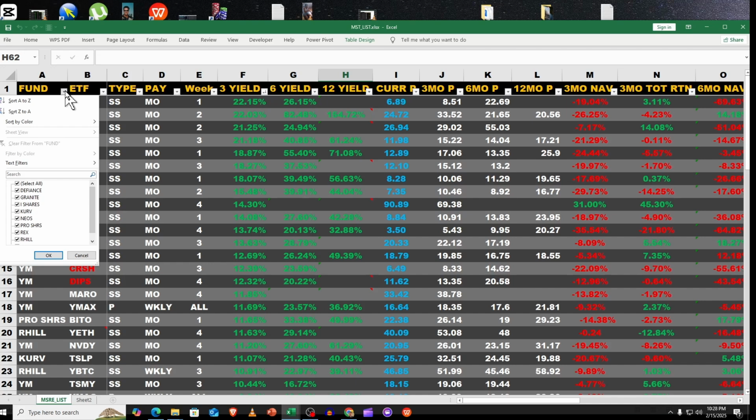Curve, you guys know that I always think in certain situations, Curve does a better job. Neos, ProShares, especially when you get into some of the Ethereum and Bitcoin, Rex, Appy, Seppi, Feppy, Roundhill, of course, and then YieldMax is really the monster in terms of the amount of funds that they have.